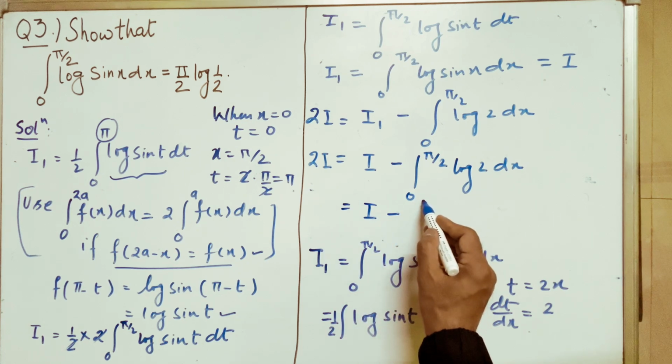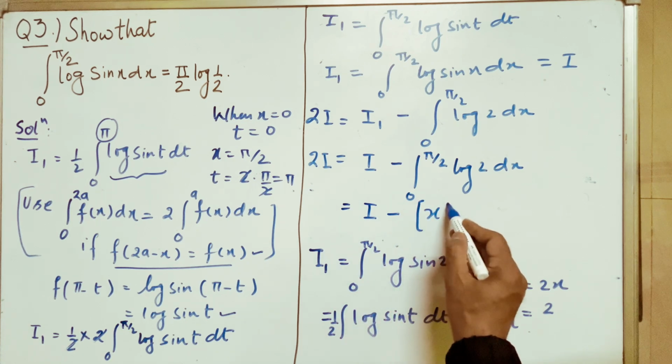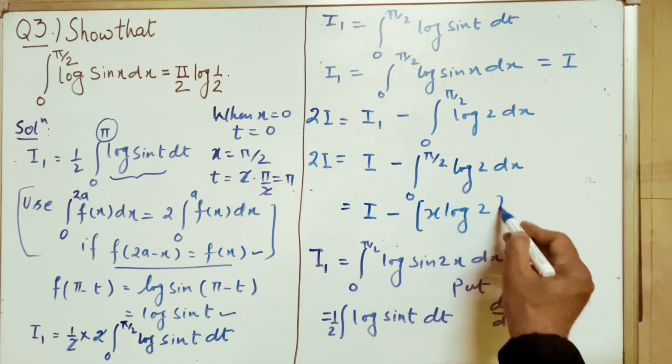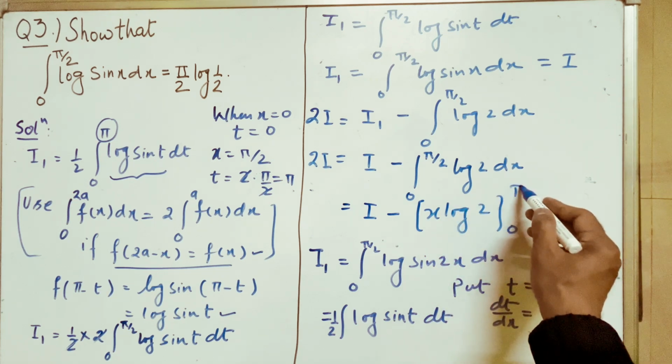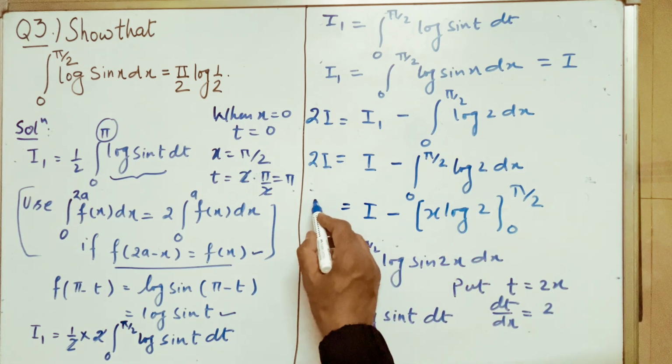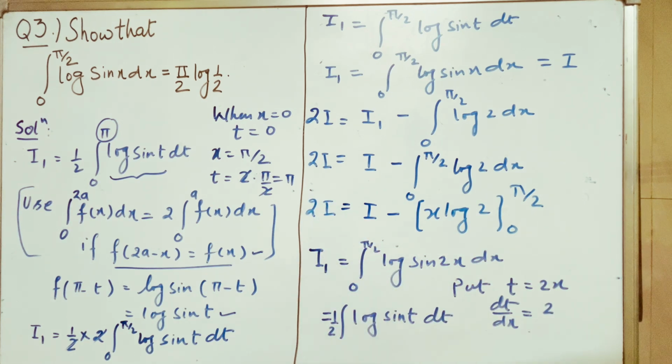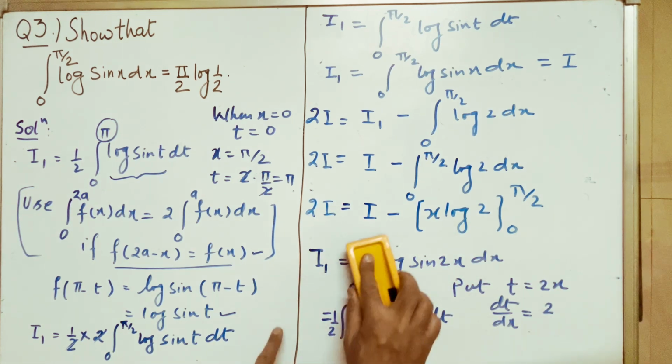We'll integrate this, it will become x log 2 from 0 to pi by 2.